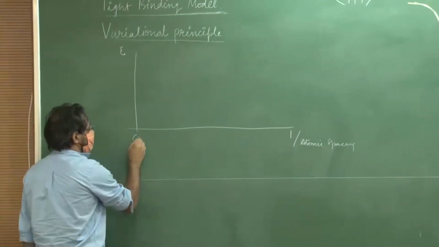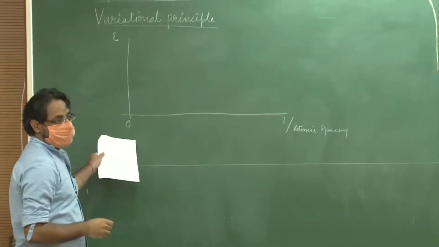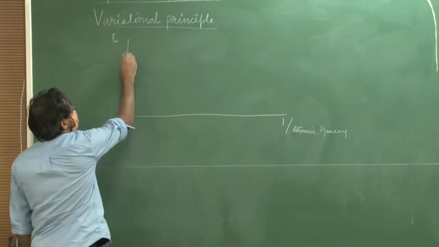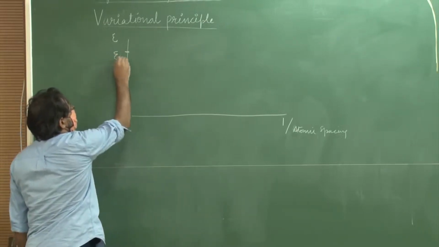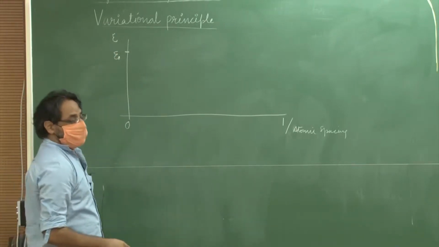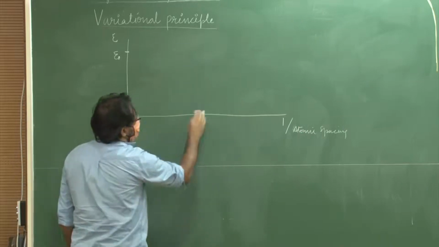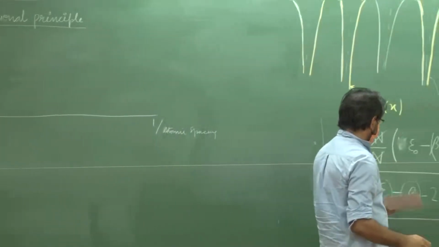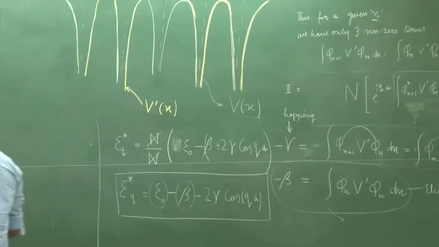Now when you are here, these are isolated atoms. When the atoms are isolated, the energy is E naught, right? Now when you bring the atoms closer, which means you're going this side, the energy starts lowering. The energy starts lowering primarily because of the beta term. Okay, so the energy lowers.